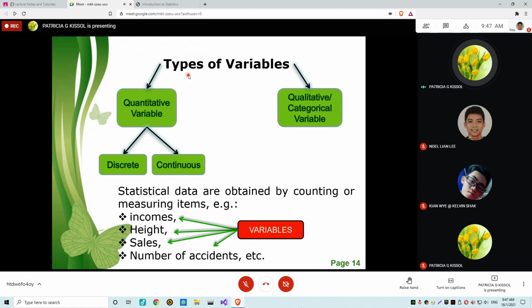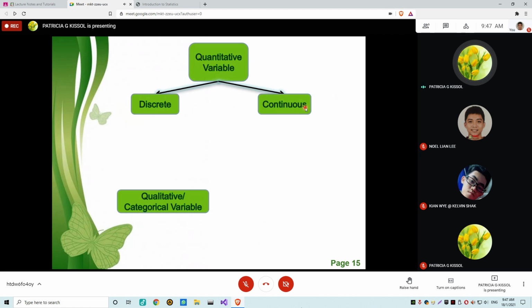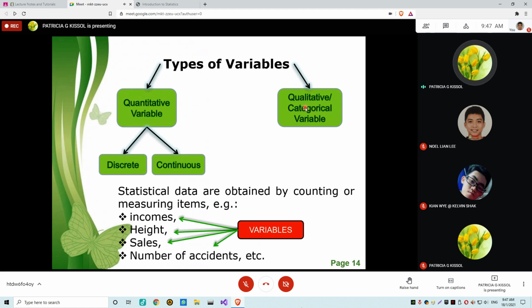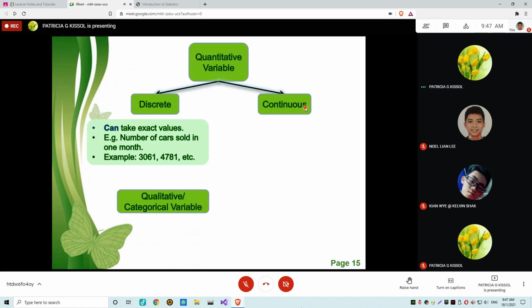So remember these types of variables. You have quantitative variables, which are discrete and continuous. I hope you know the difference between them now. And we also have qualitative or categorical variables. Let me show you this slide first, which I already explained to you.